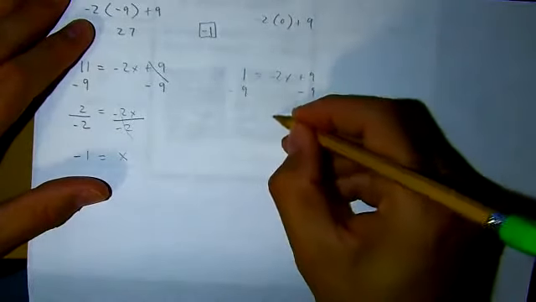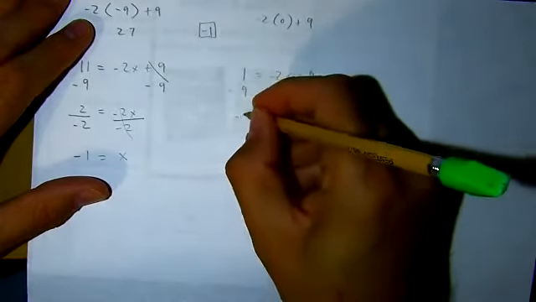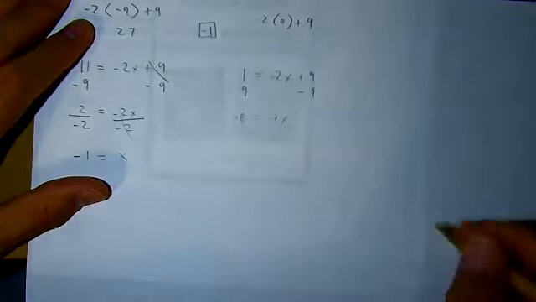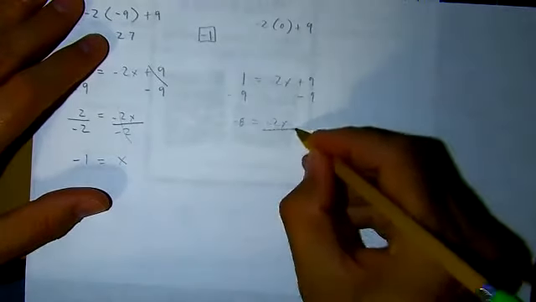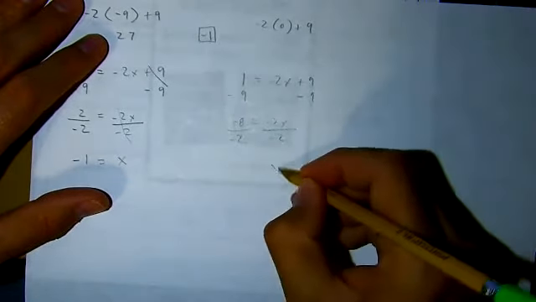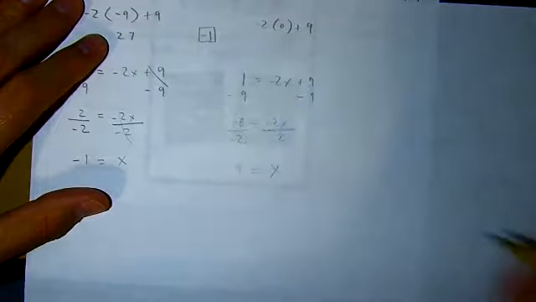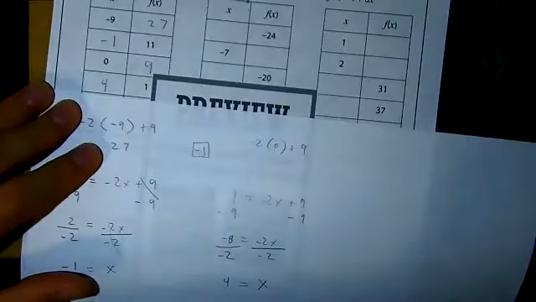Bring down your -2x equals 1 minus 9 is -8. Last step, divide by your -2. Bring down your x. -8 divided by -2 is just going to be 4. So your answer there is 4.